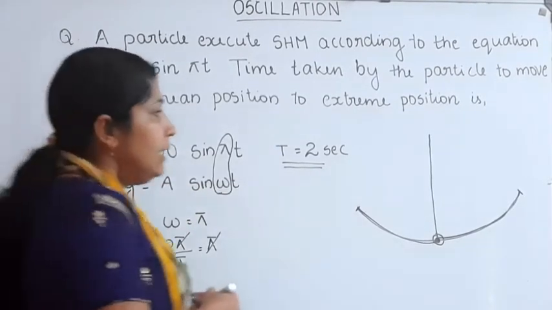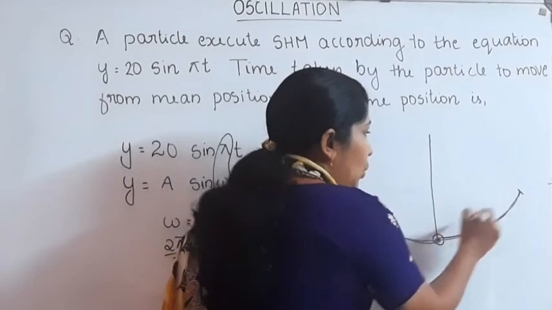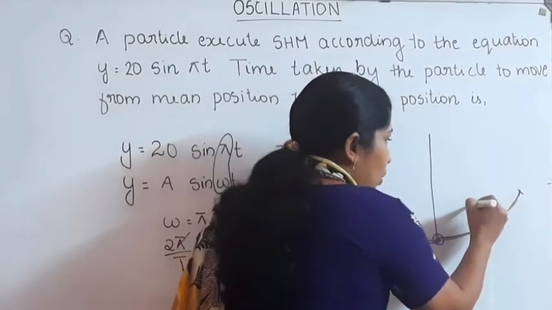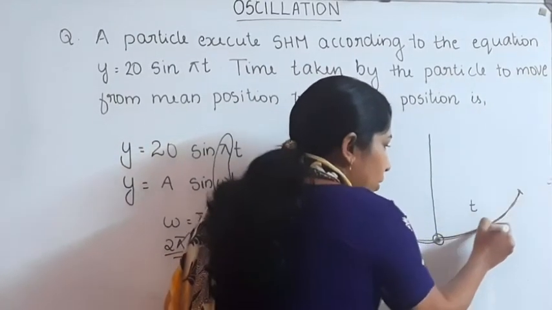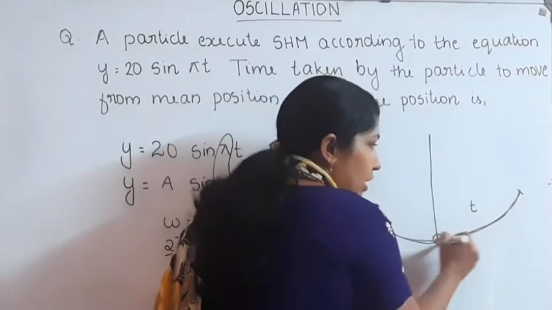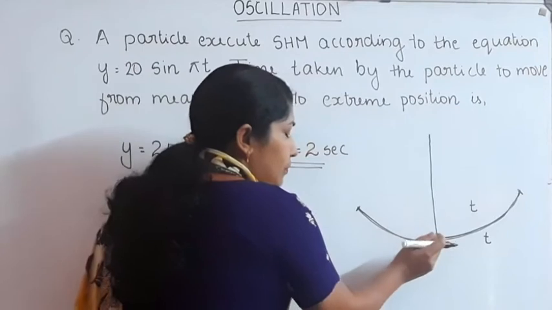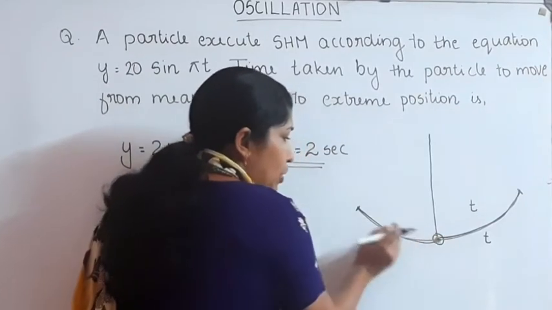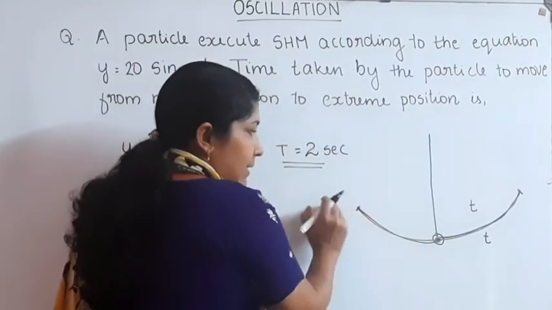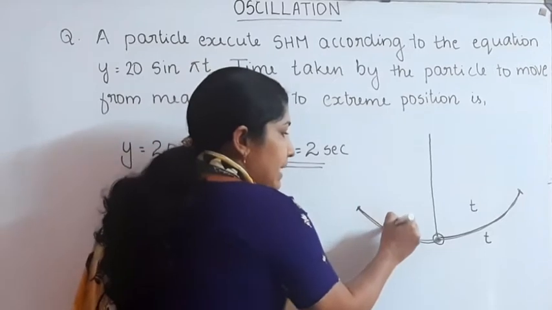Here the time taken from here to here is represented by small t. Then the time taken to return back to the original position is again equal to t. Then from the mean position to the next extreme position is taken as t.